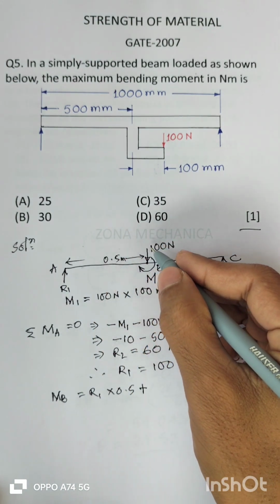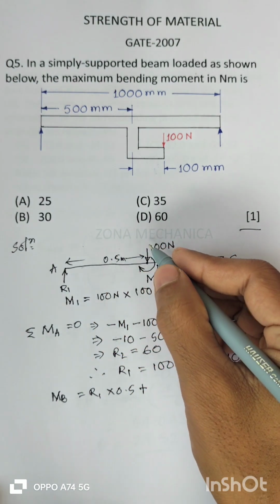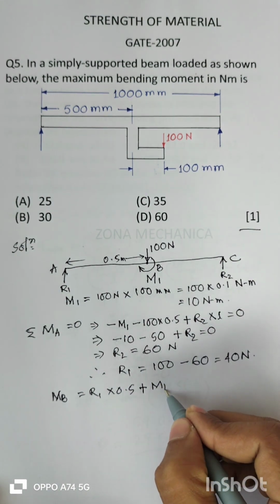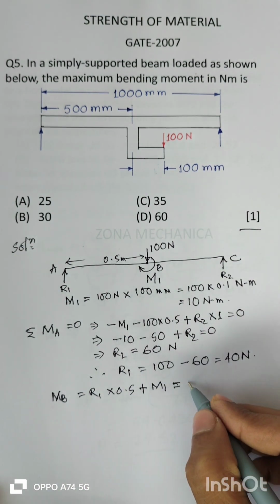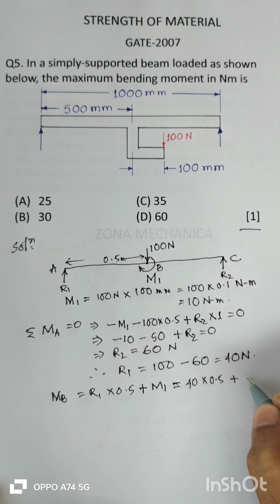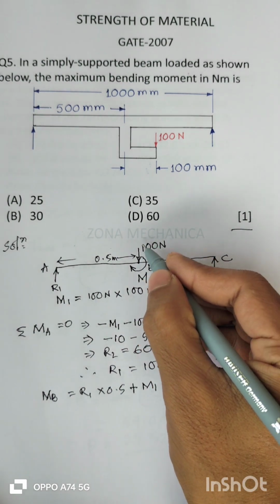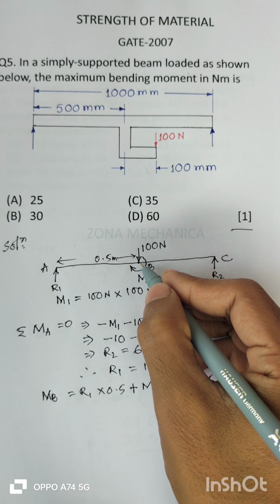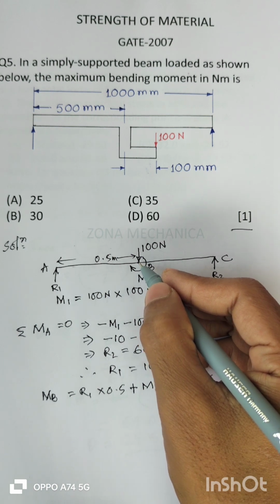Both the moments are in the same sense, so I am adding both the moments. R1 is 40 into 0.5 plus M1 is 10, which is equal to 30 Newton meter. And due to this 100 Newton load at B, the moment is 0, since the distance is 0.